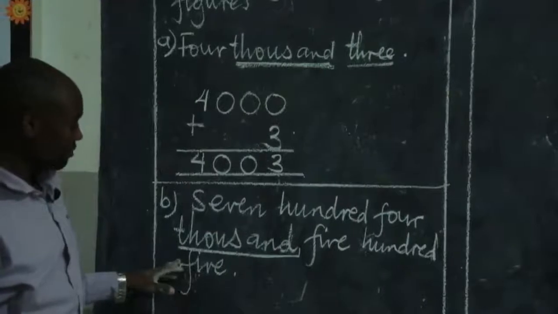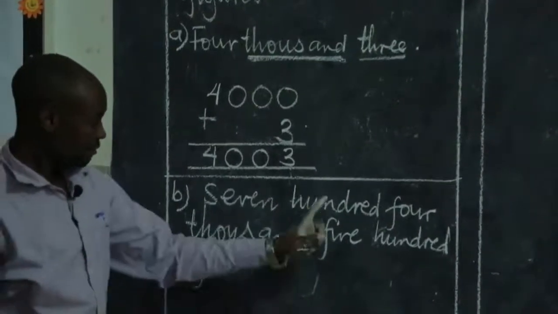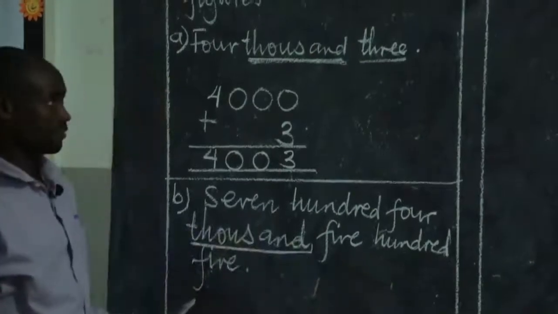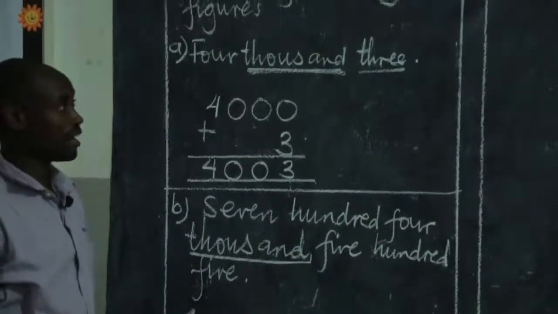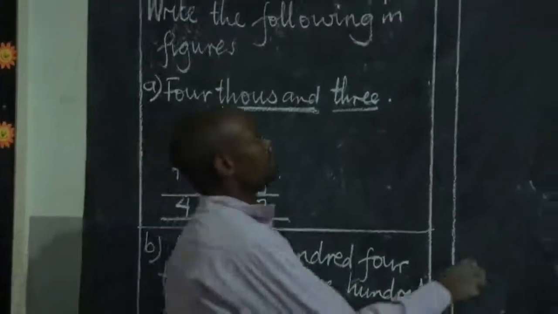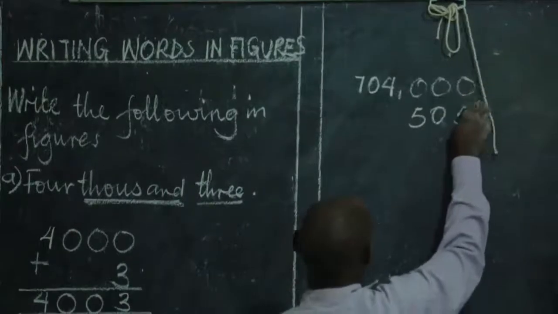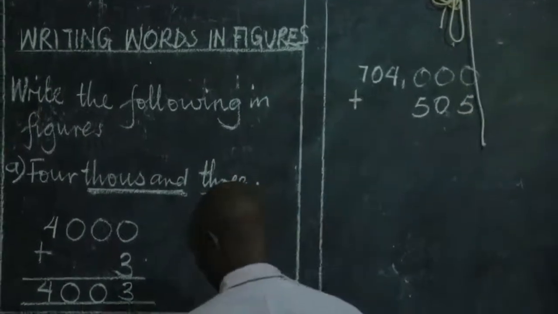So what do I have under units? They have told you that under units we have 505. So how do we write 505? That is 505. So we shall have here 505. Then we add.